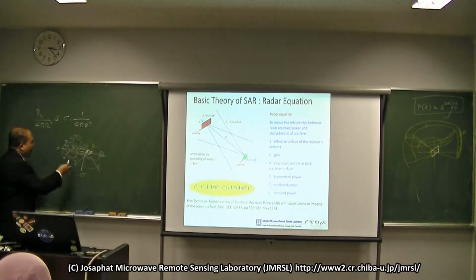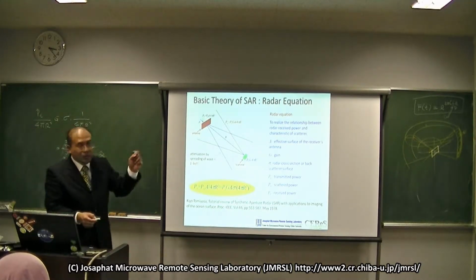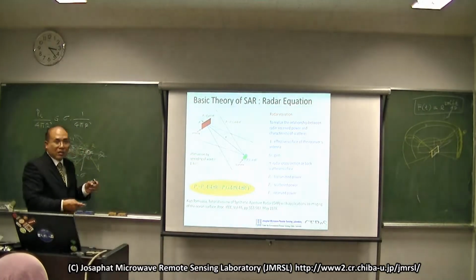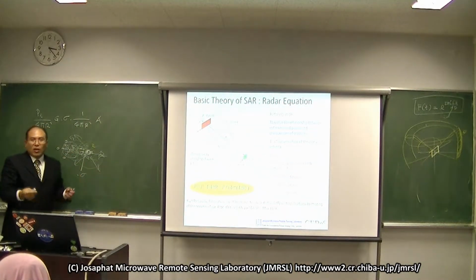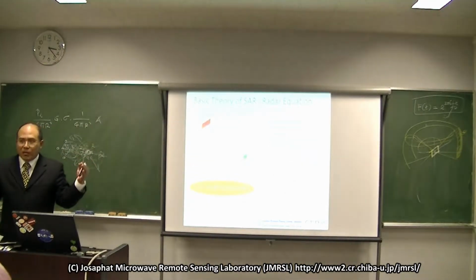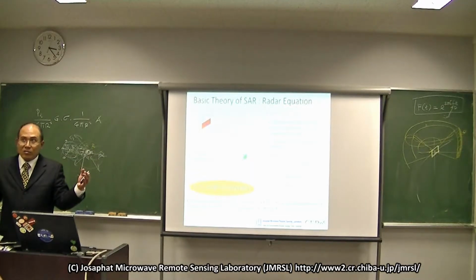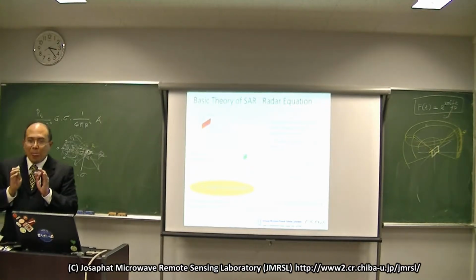Then after that we want to observe using our antenna, where the effective surface of our antenna is A. It means if your antenna is big, you will receive big power, but if your antenna is small, you will receive small power.